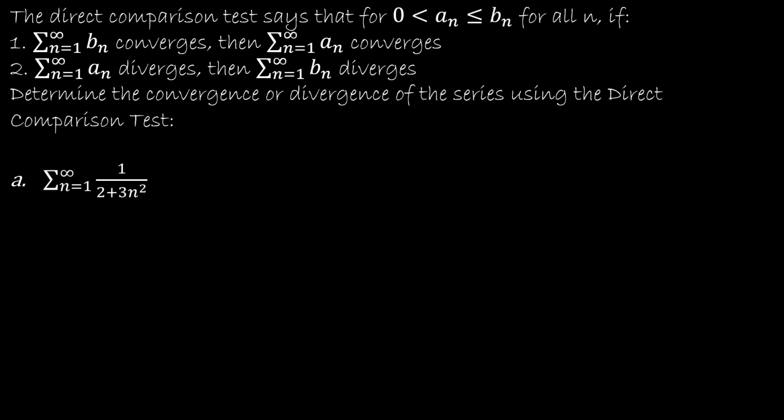Let's take a look at another example. And again, I've written the rules up there for you, but the easy way to remember it is that if our guess is that it converges, then we make the series that we're trying to find a sub n, and if we think it diverges, then we make it b sub n.